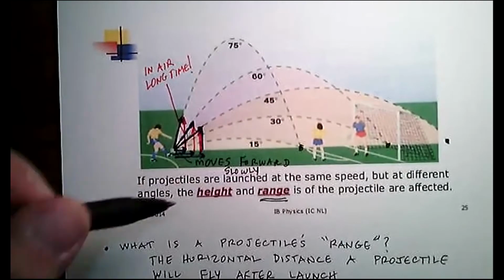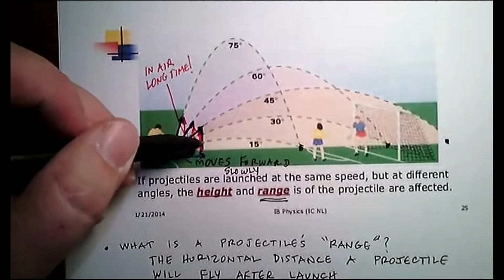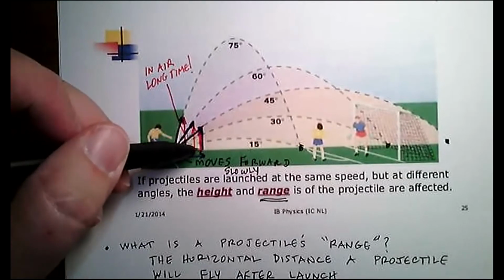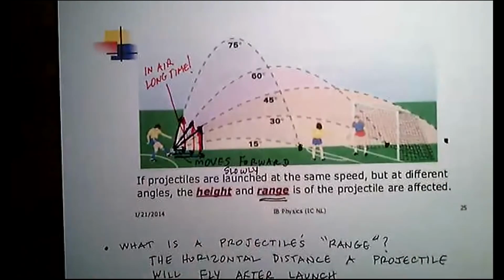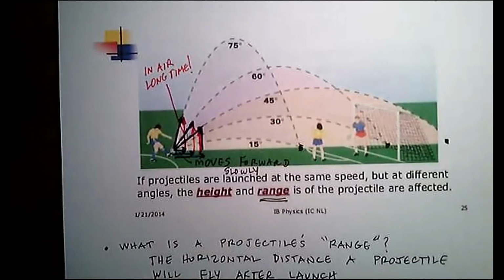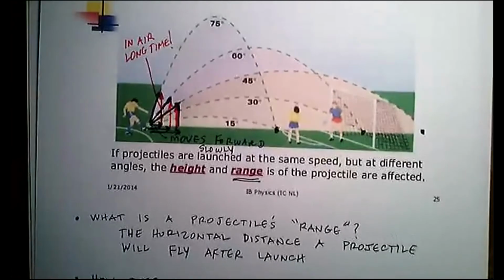All right, so what 45 does is it kind of trades off. You get much faster forward motion, but you're not in the air quite as long. The trade-off, though, gives you the longest range, is the way it works. So I would tell you guys, if you've ever played in a basketball game, you've done this before.